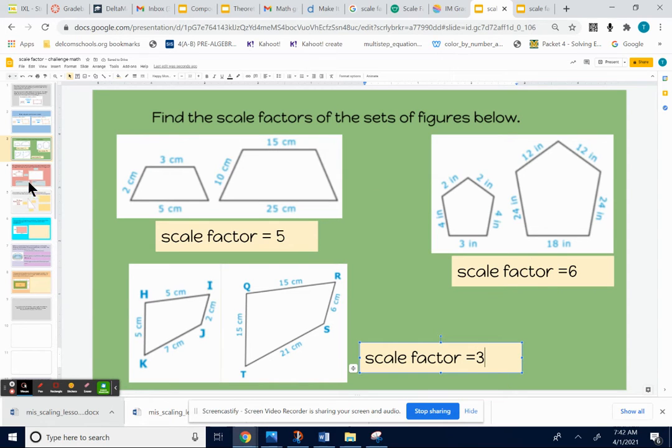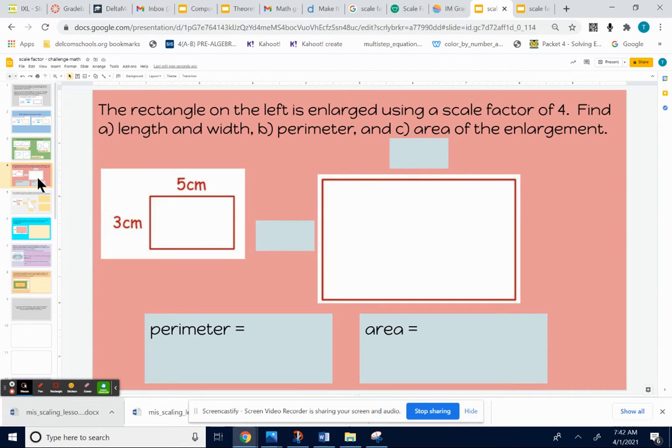Now I have some problems. I'll do 2 of these with you, and I'm going to see if you can do some of them on your own. But what we need you to be able to do for iLearn is this: you may be given an original shape, like a rectangle that's 3 by 5, and then they may ask you questions about the enlargement, could be reduction, but about the new shape after they give you a scale factor.